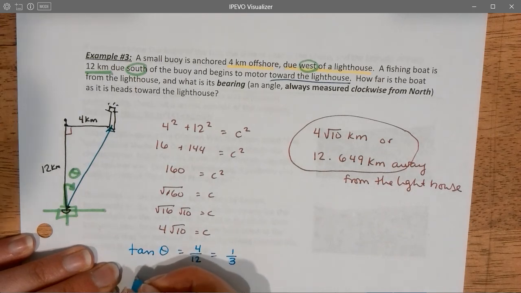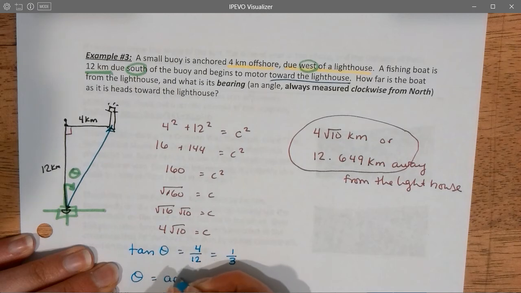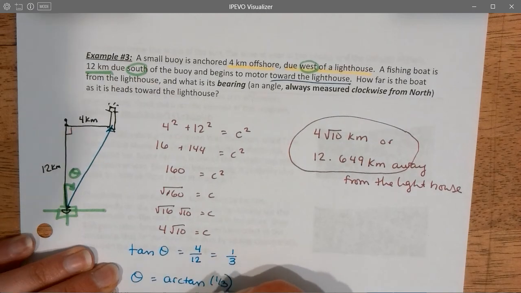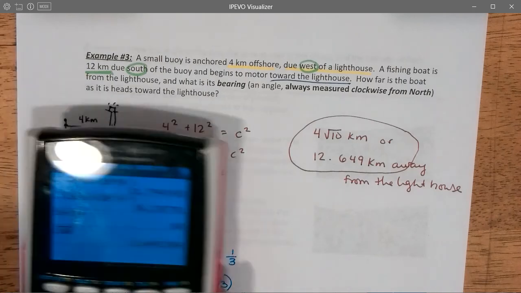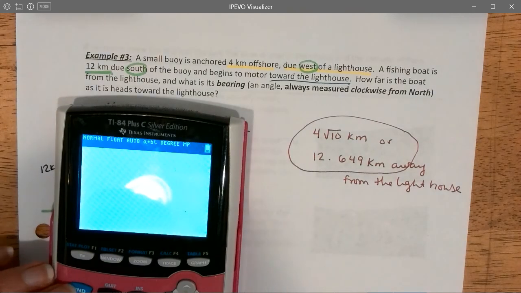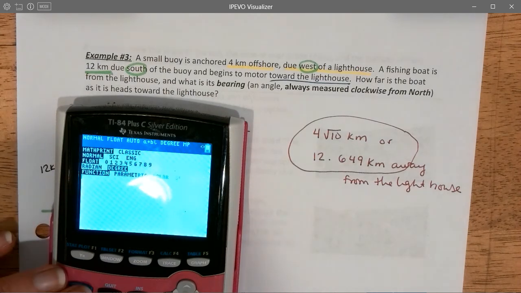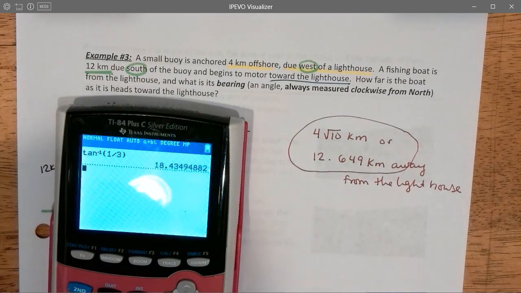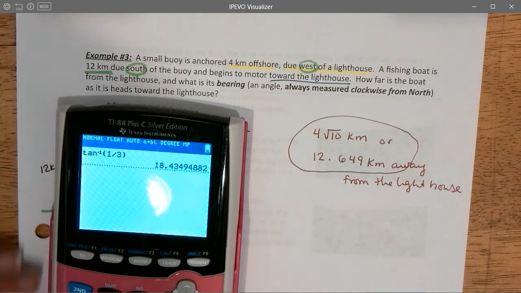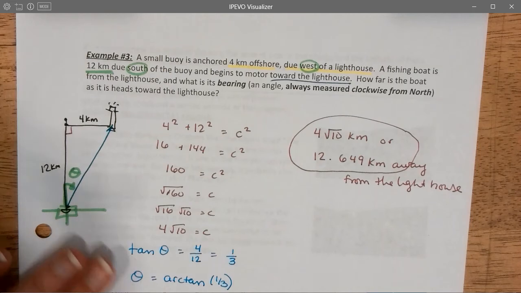And then theta is going to be equal to arctangent of 1/3. Alright, now for fun, we can do arctangent of 1/3, and we get an angle, making sure I'm in degrees, of 18.435 degrees.